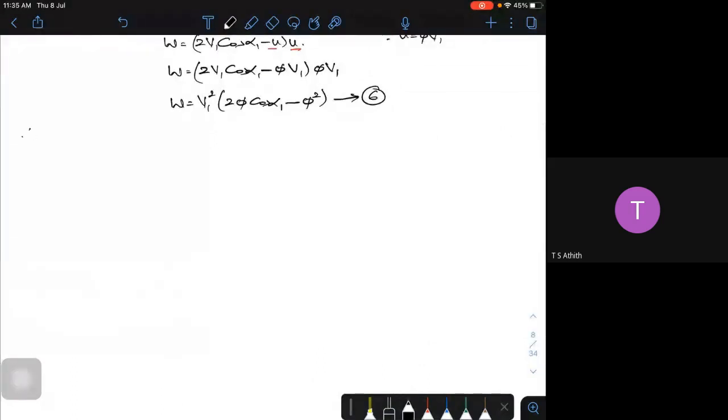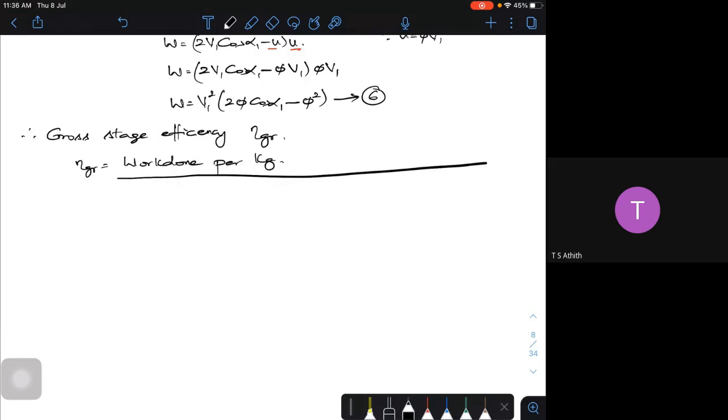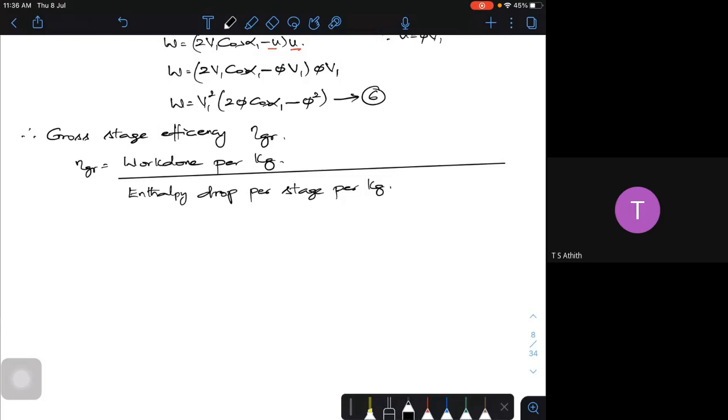Therefore the gross stage efficiency is equal to work done per kg of steam divided by enthalpy drop per stage, and anyway this is also per kg only, everything is per kg.